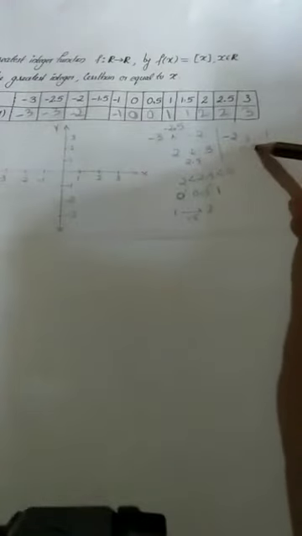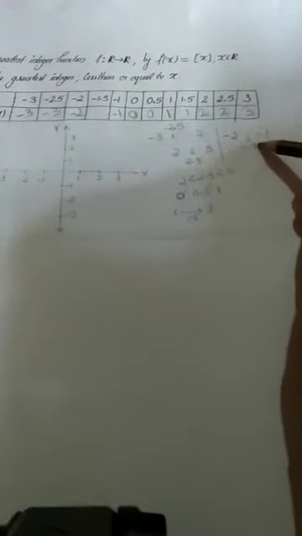What's the image of minus 1.5? Minus 1.5 is in between minus 2 and minus 1, so the image of minus 1.5 is minus 2. This is the greatest integer function: the greatest integer less than or equal to x.